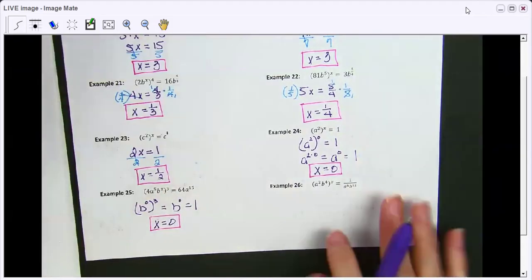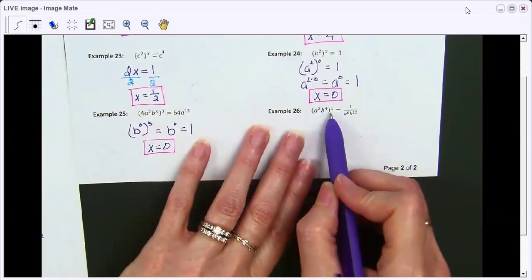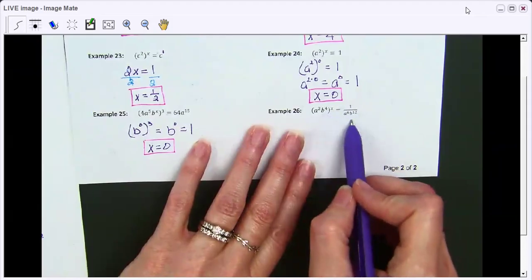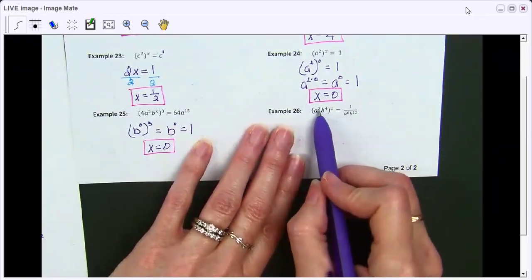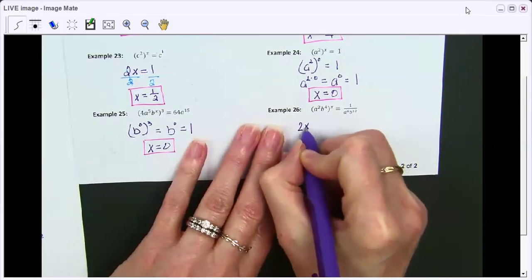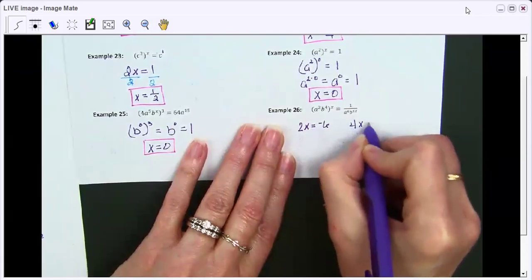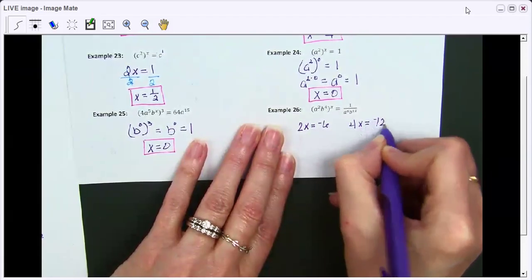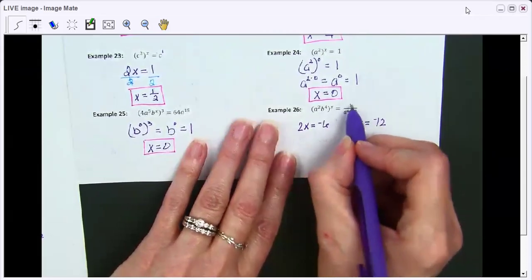Okay, this one's a little interesting. Notice, it has to be a negative because we ended up moving it to the bottom of the fraction bar. So we know that 2x is going to give us a -6 and 4x is going to give us a -12, because if it were on top, it would be a negative.